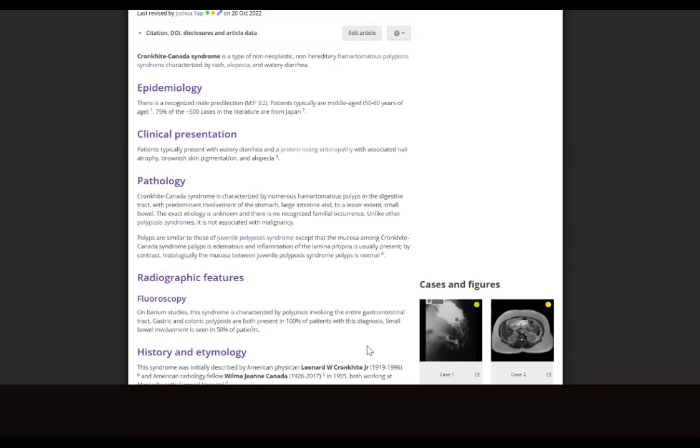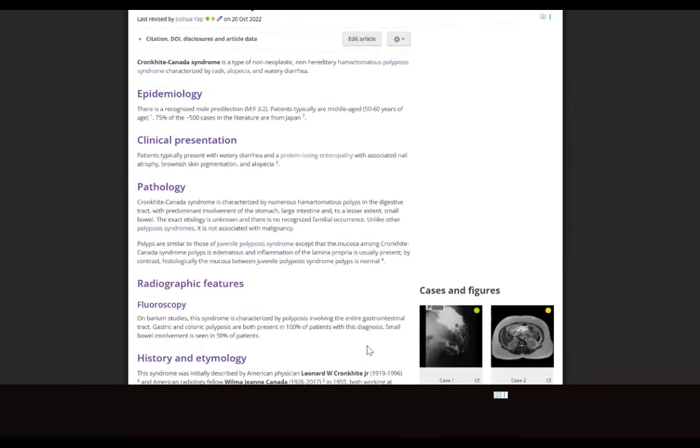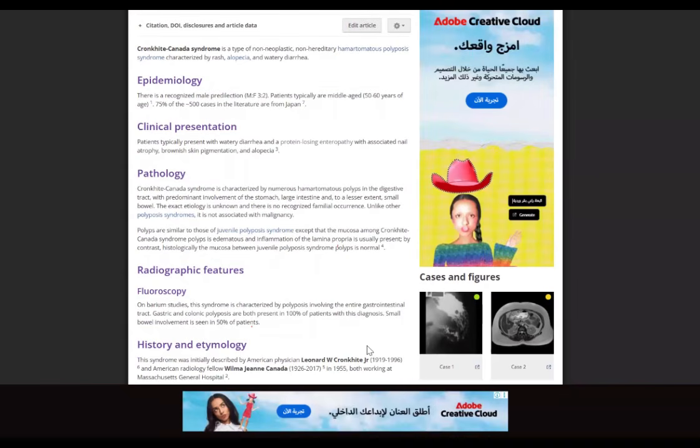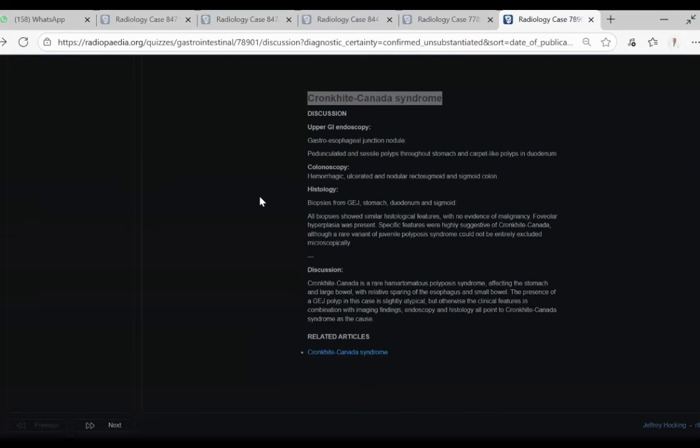So the most important here is the syndrome itself, but also the association. As I told you, there may be an association of breast or brain carcinomas.